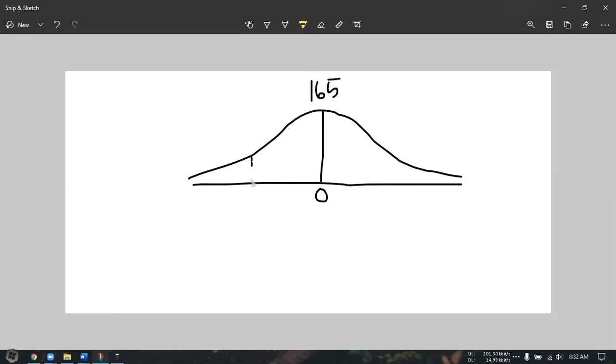Somewhere here is the 159. Its z-score is negative 1.88. We are looking for the area of the CCA students who are shorter, so that is less than 159. This time, we are shading the left side of 159. We need shorter.